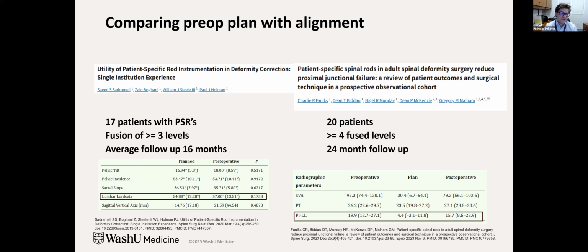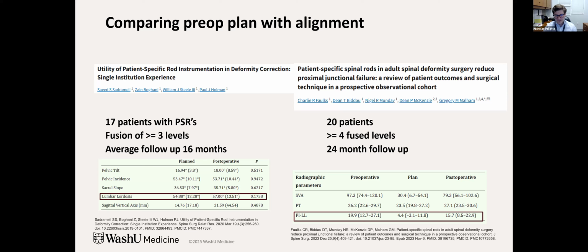On the left, you can see a cohort that had 17 patients with fusions of 3 or greater levels and an average follow-up of 16 months. I think the biggest takeaway that is specific to assessing the accuracy of patient-specific rods with respect to implementing your plan is how the planned lumbar lordosis compares to the postoperative alignment.